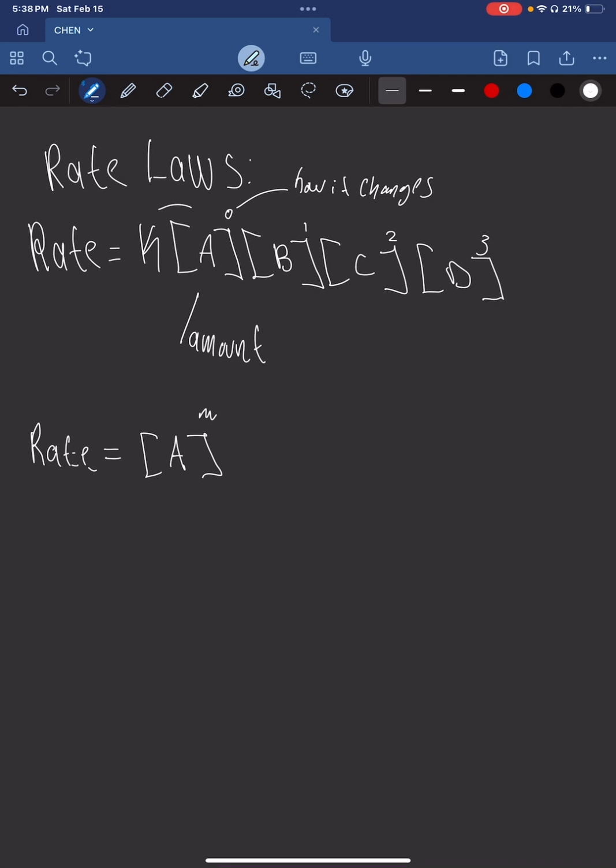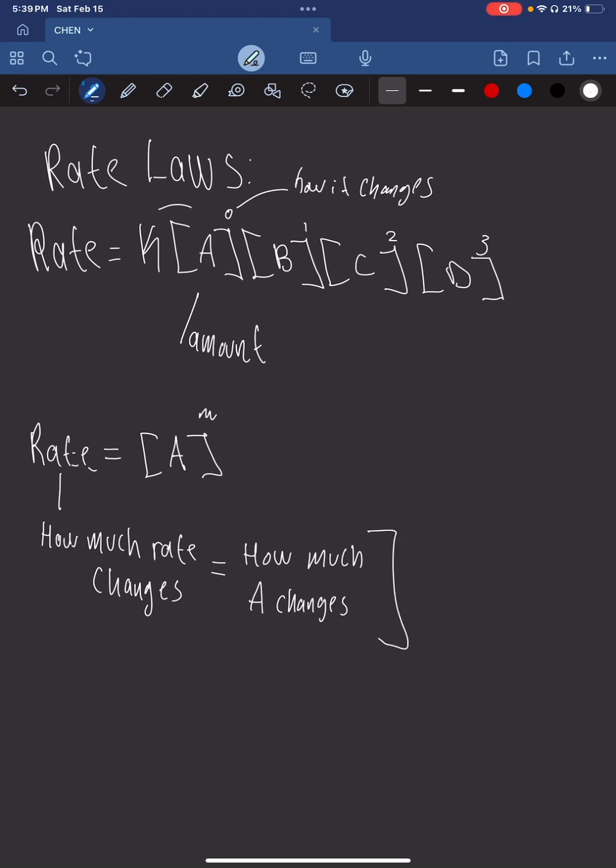It's basically how much the rate changes is going to be equal to how much A changes, or B changes, or C changes, and it's going to be to the power of the rate order.